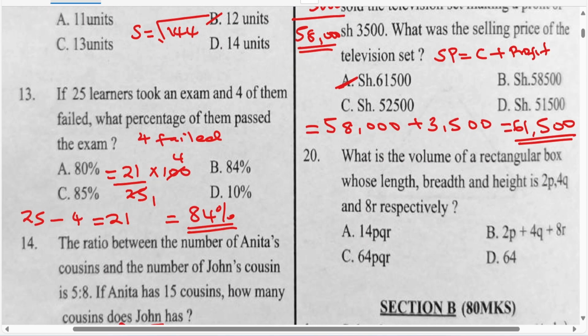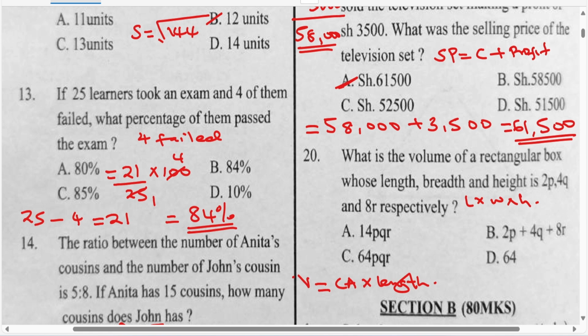Question 20. What is the volume of a rectangular box whose length, breadth, and height is 2p, 4q, and 8r? For you to calculate the volume of any 3D object of any shape, usually take cross-sectional area times length. But in our case, we are taught that for you to calculate a cuboid, so what do you do? You take length times width times height.